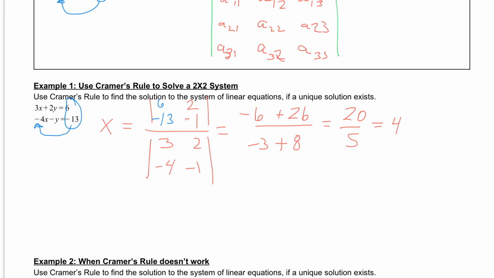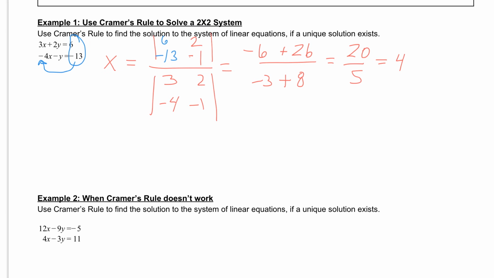Then if I want to find y, move this up a little bit. If I go to find y, now what I want to do, my denominator is going to stay the same. So where my denominator is that coefficient matrix, well, I know that denominator is going to be 5. I don't have to find that determinant all over again. So I'm just going to carry that 5 down.